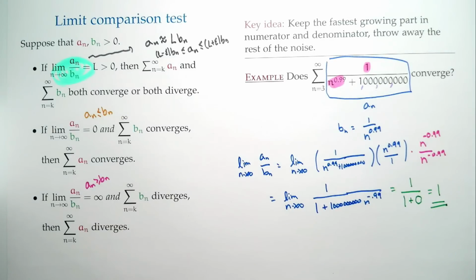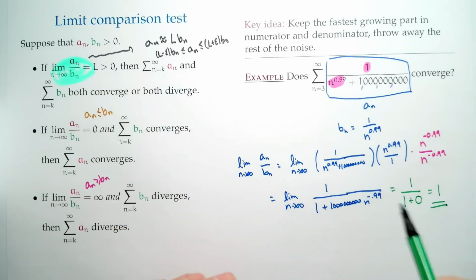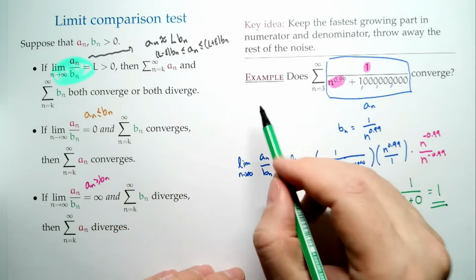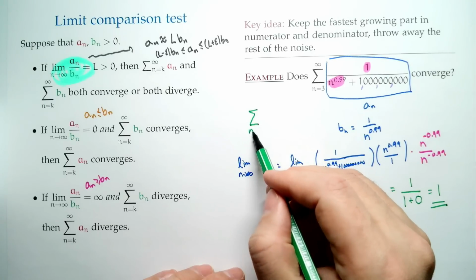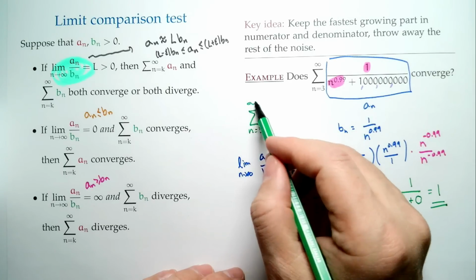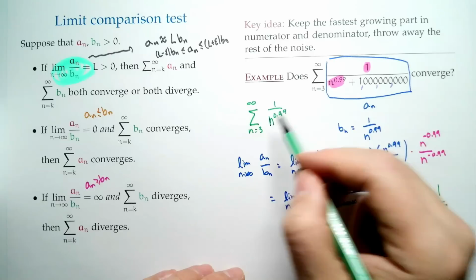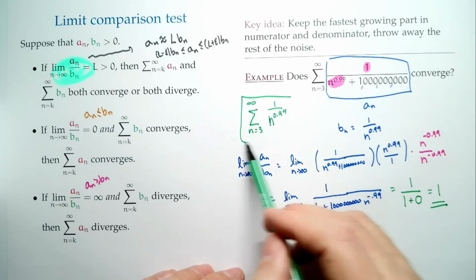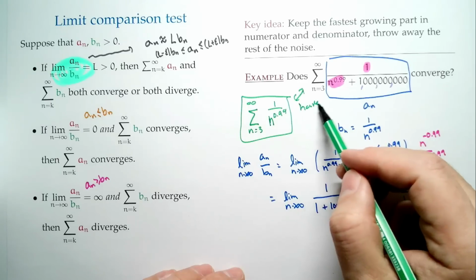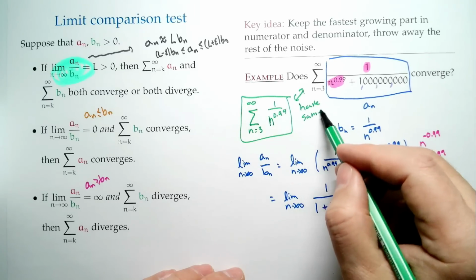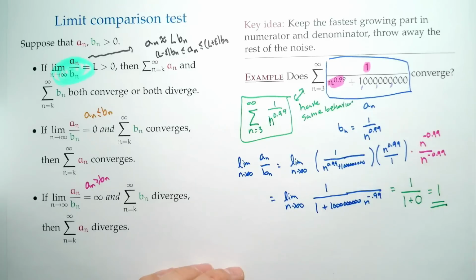Our conclusion is, because this ratio goes to 1, that says, lo and behold, if I want to know this sum, I want to compare it to the other sum n equals 3 to infinity of 1 over n to the 0.99. These two sums are going to have the same behavior. In other words, they're going to both converge, or they're going to both diverge.